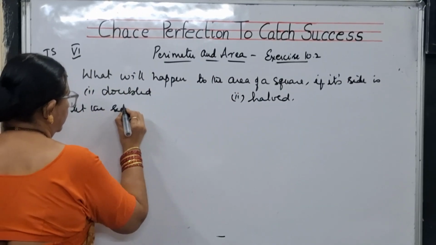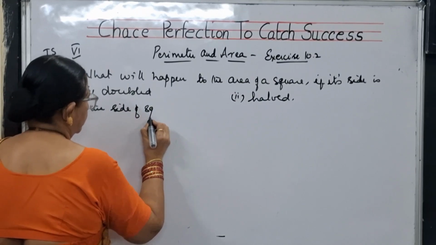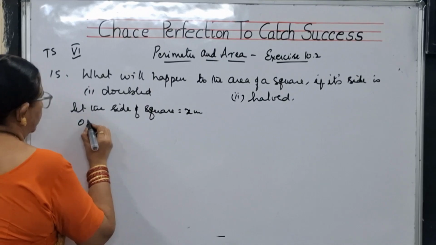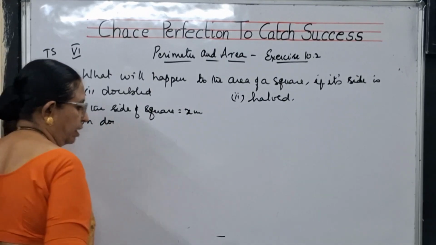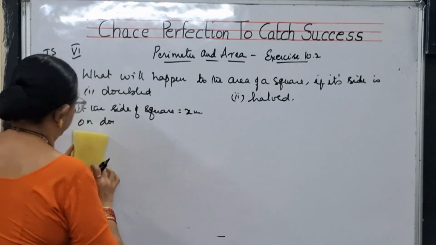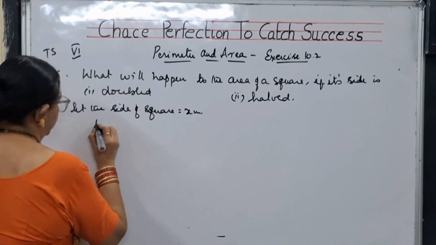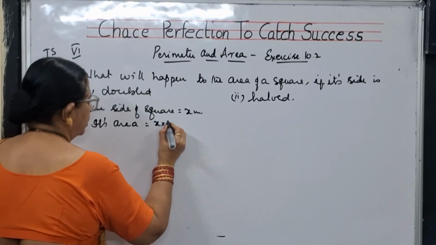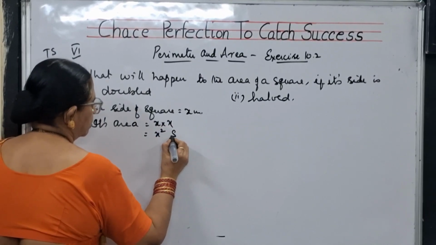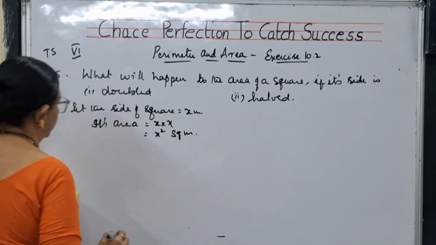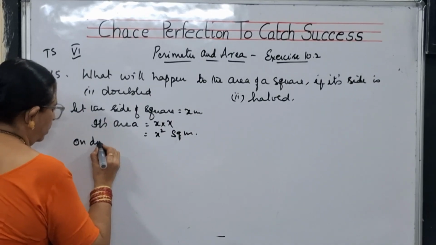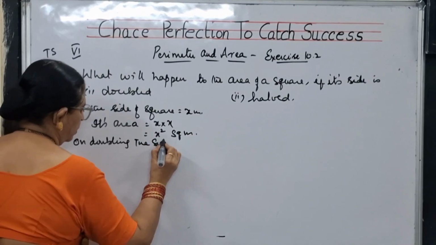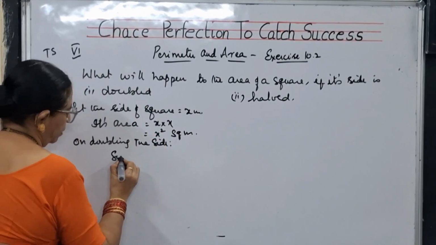Let the side of the square be equal to x meters. First let us see the area. Its area is x into x, that is x square meters. Now on doubling the side, what is the side?